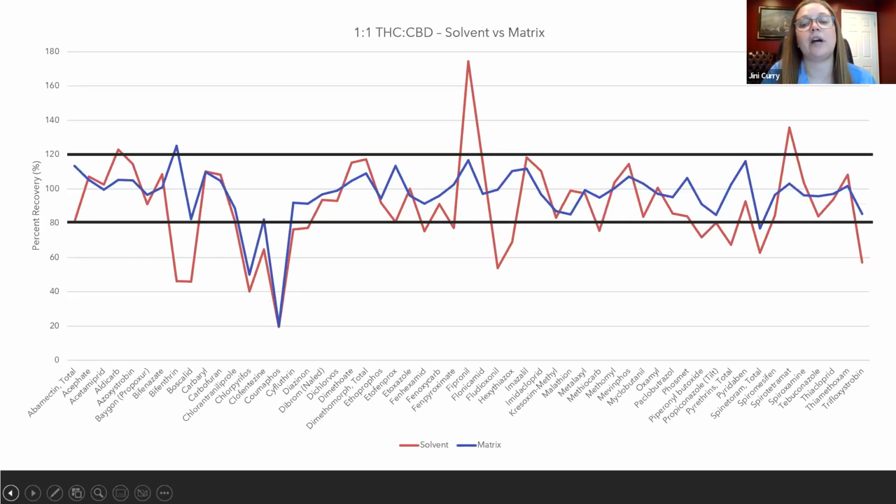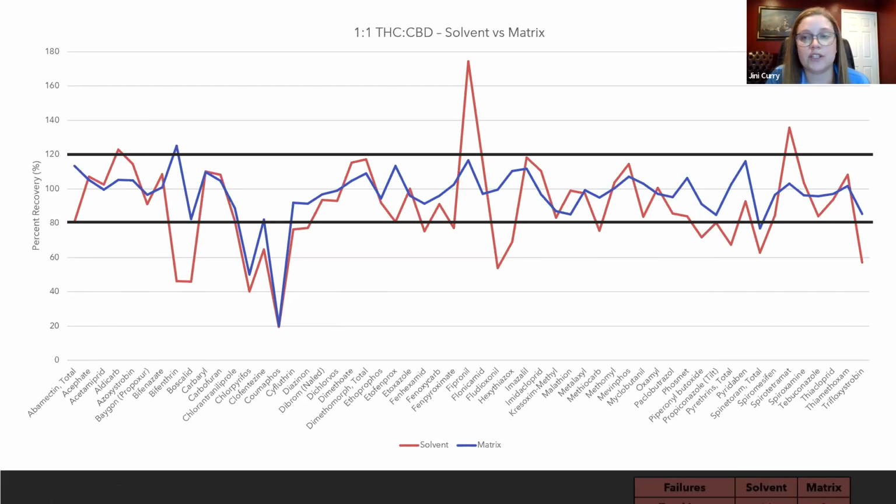So you can see here, we've got that solvent versus matrix. And in this one, I'm not 100% sure what product this is. So this is going to be a 1-to-1 THC to CBD distillate sample. And so this is going to be something that was about 40% THC and 40% CBD.